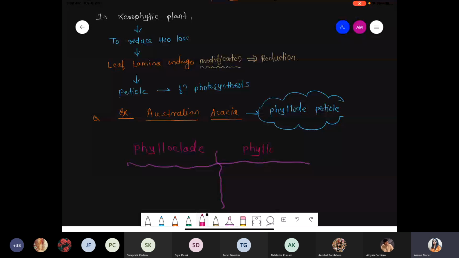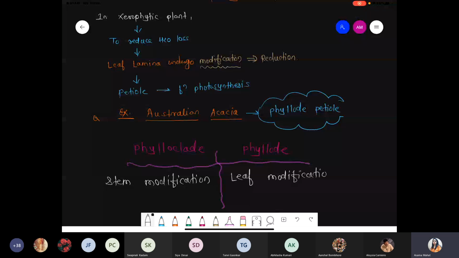Both, if you see, दोनों name same लगते हैं, but please remember, whenever we are talking about the phyloclade, they are originated from the stem. Phyloclade, yes, basically they are stem modification. Origin, these are the stem. And when we are talking about the phyllodes, these are the leaf modification. Please don't get confused between phyloclade and the phyllodes, because यहाँ से question design होता है.